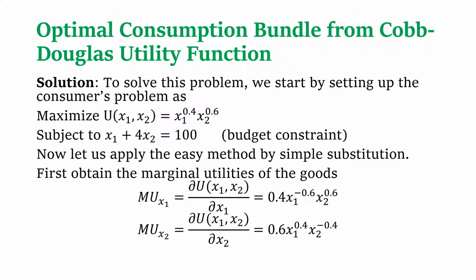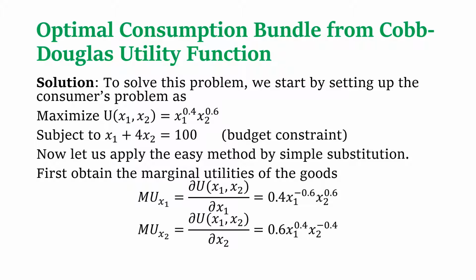But remember, here we are holding x1 constant, so that particular variable has to drop here. So we have x1 to the 0.4. But remember, we are differentiating the utility with respect to x2, so the exponent of x2 is going to change, but the exponent of x1 remains unchanged. You got it? So it is 0.6 minus 1, which is minus 0.4. That gives us the marginal utility of good 2.